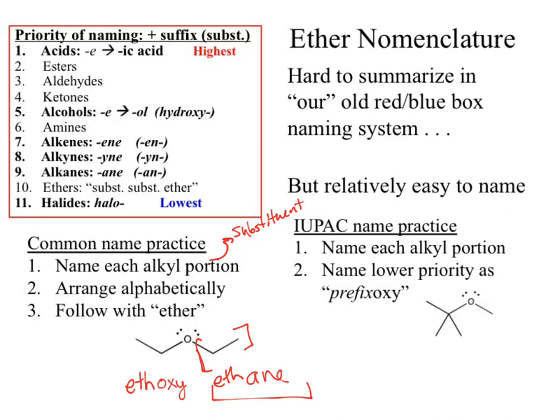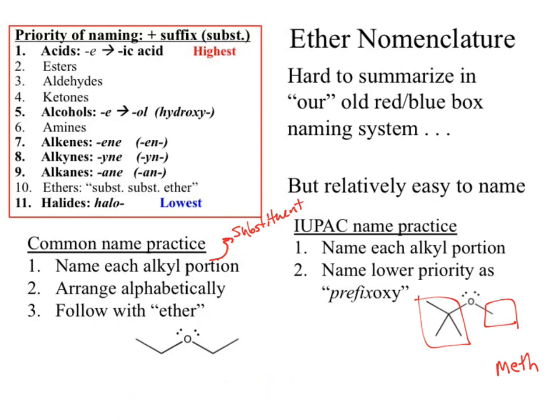What do we have? Same idea, figure out what our alkyl pieces are. This is where I'm going to break down my nomenclature system. I'll give you the first one, it's easy. Meth. What's the other one? There are a couple names on this one, so we'll look at all of those names as possibilities.